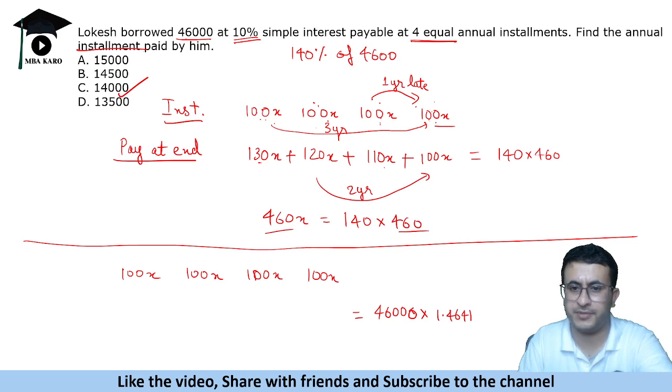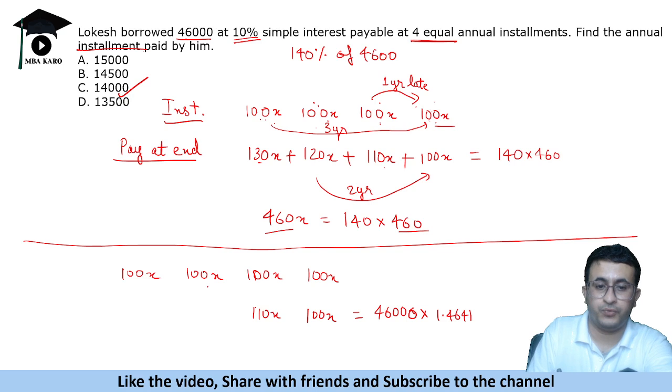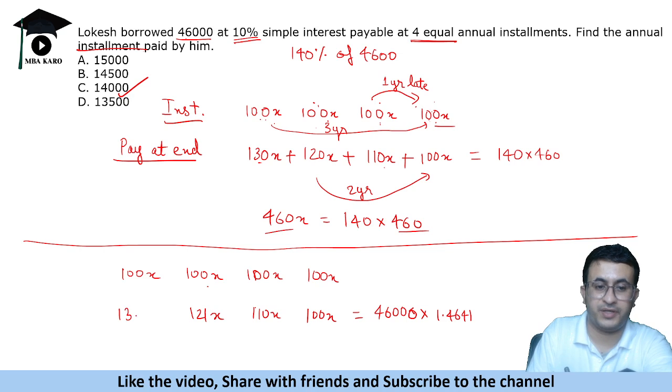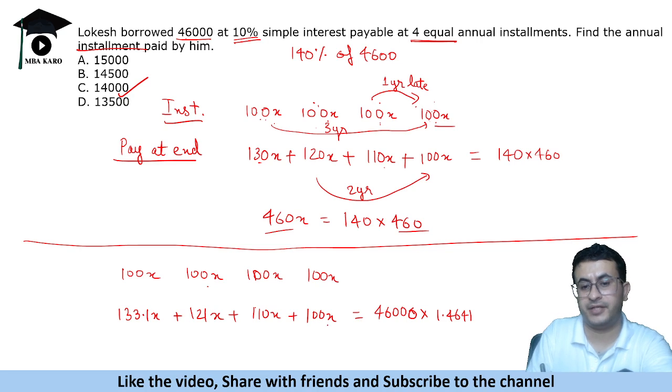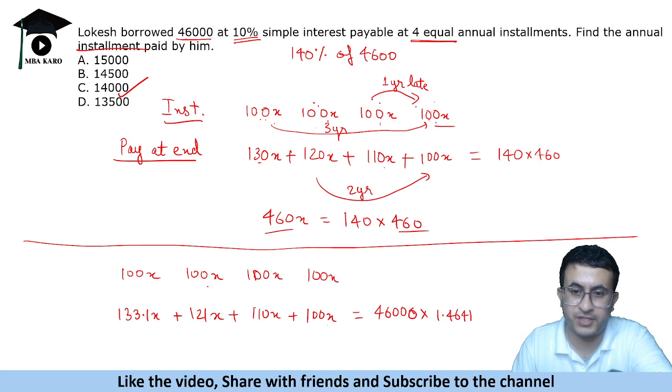Because amount ये हो जाता आपका amount payable. Now if he pays this, he has to pay 100x. 1 year late 110x, 2 years late 121x, ठीक है? Because यहाँ पे compound interest है. This would have been 133.1x. ये करके ये put कर दिया and find the value of 100x using this. So if it was a question on compound interest, this is how you solve.